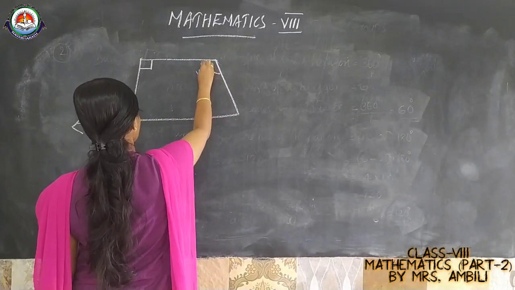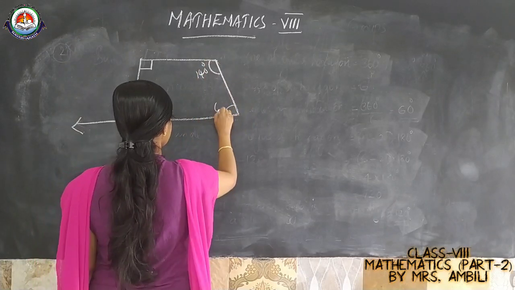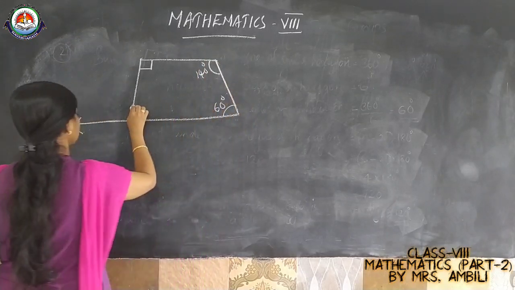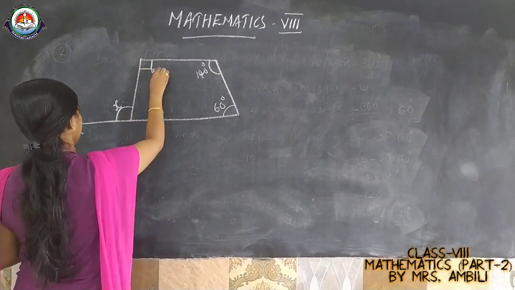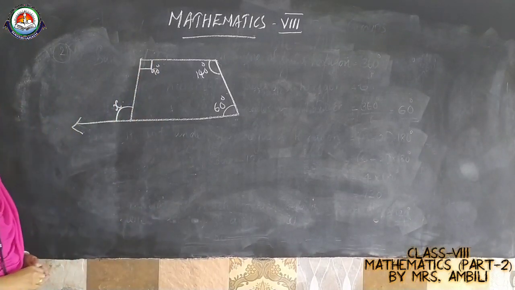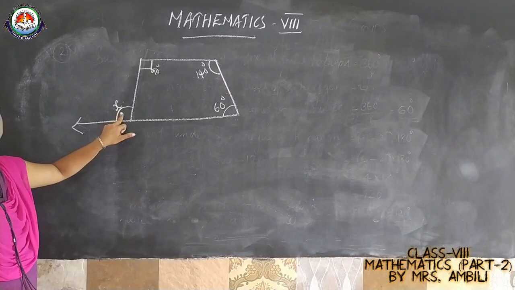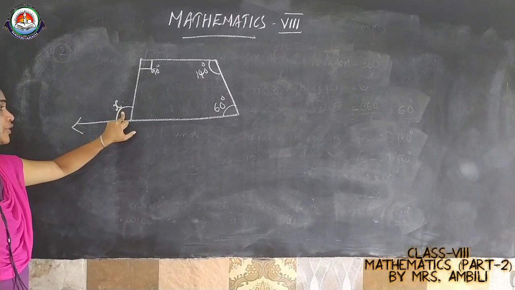This measures 140 degrees, this is 60 degrees, this is x, and here it is 90 degrees. So we need to find angle x.